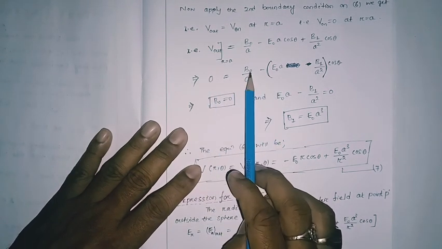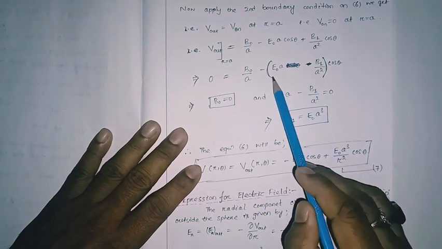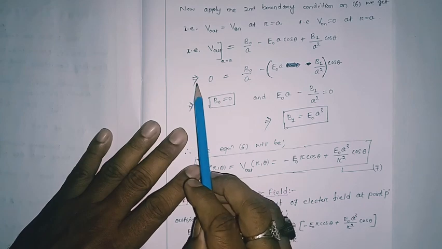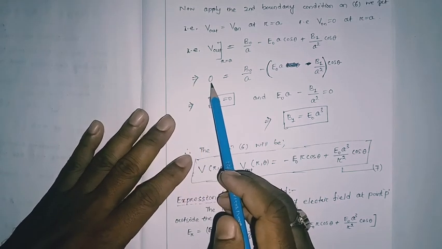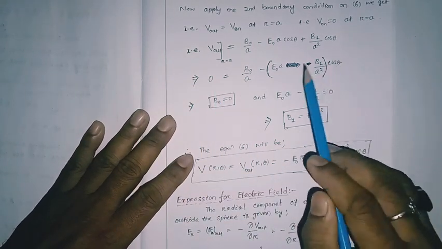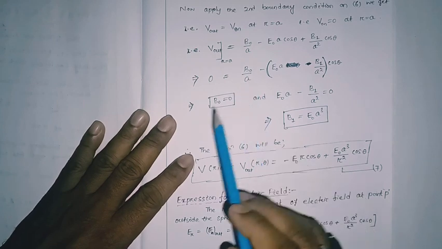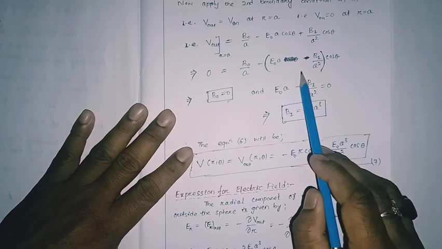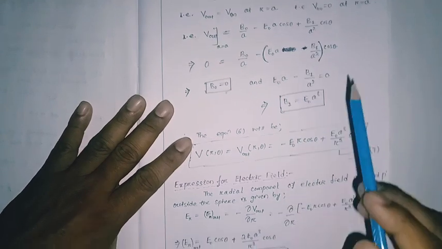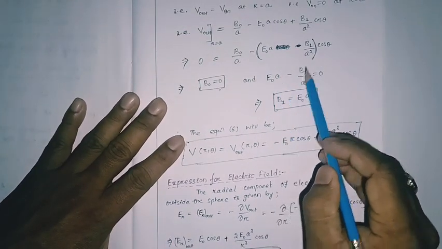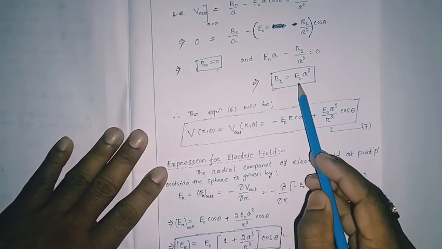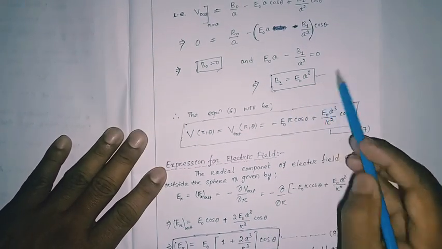B0 by a equals 0, and this much also equals 0, because on the LHS there is no term. So the coefficient of cos theta equals 0 and this constant is also 0. So B0 will be equal to 0, and E0 a minus B1 by a square will be 0. We find B1 will be equal to E0 a cube.